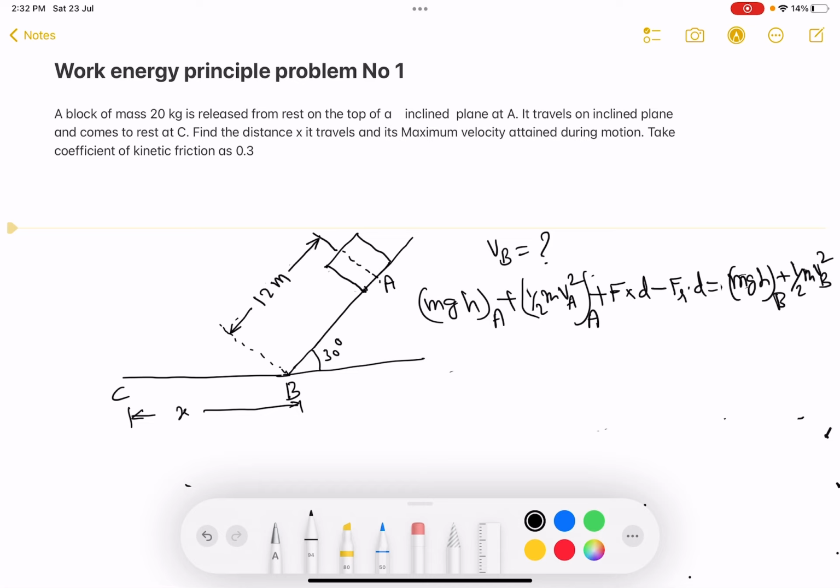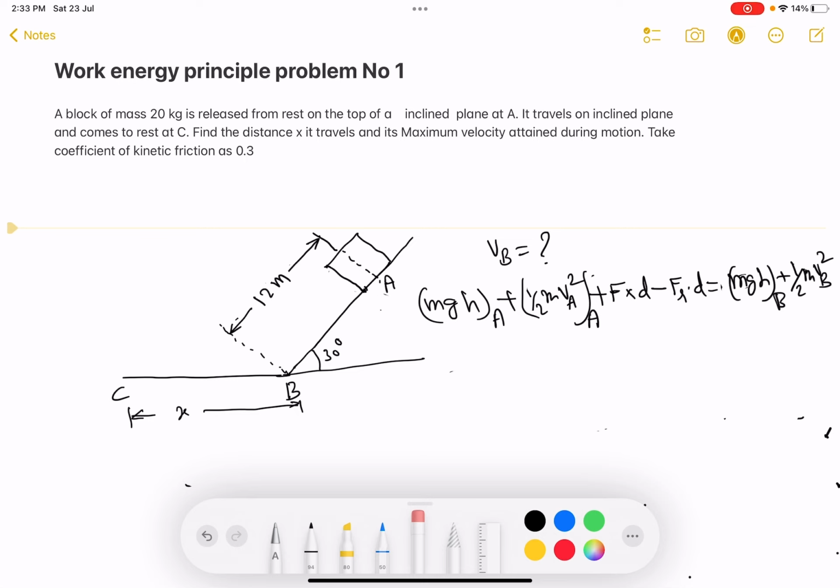In the general equation, along with potential and kinetic energy, you have to add spring energy also, but there is no spring in this diagram, so you don't have to bother about spring energy. So please note the equation. Energy at point A, plus work done on the block, that is energy supplied, minus frictional energy when it moves from A to B, will be equal to energy at B, law of conservation of energy, right? So this is what we have applied basically.